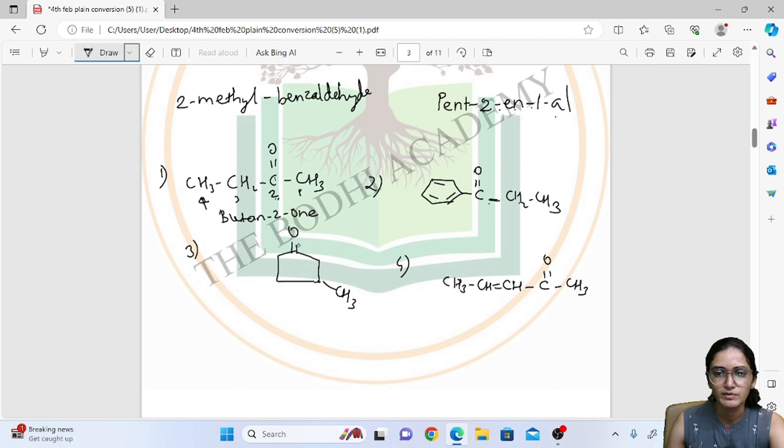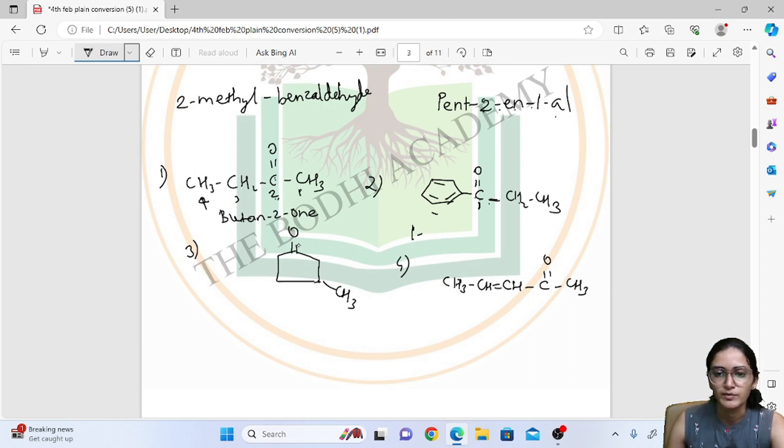So this will be the main compound, and to this compound we have the benzene ring attached. Since this is the first carbon, the group is attached to the first carbon. Now this becomes a substituent, because the carbonyl group is directly attached to the aliphatic group.